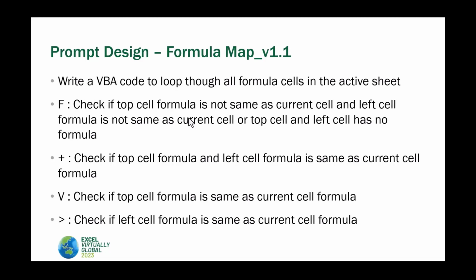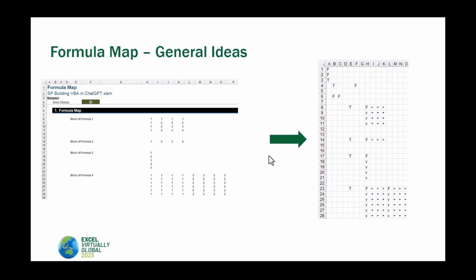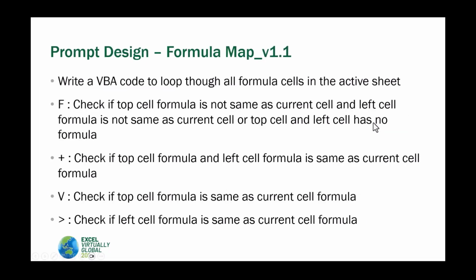Or if the top cell and the left cell have no formula, then we will put an F there, just like in the map here. For the plus, we check the top cell and left cell formulas are the same as the current cell formula. Yeah, that's really straightforward. And for the V, we only check the top formula is the same as the current cell formula, and the larger sign checks if the left cell formula is the same as the current cell formula.